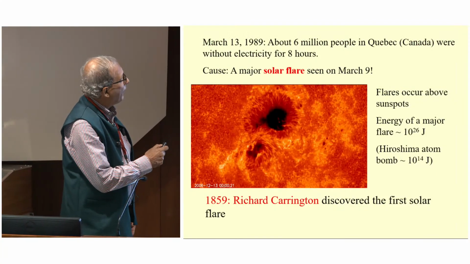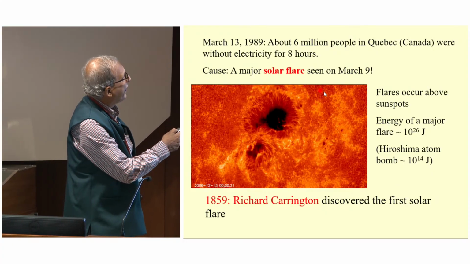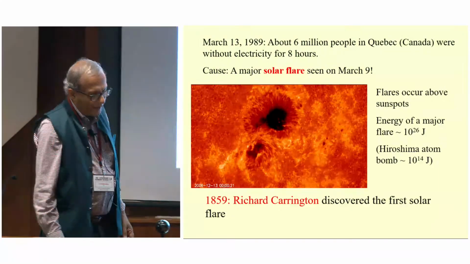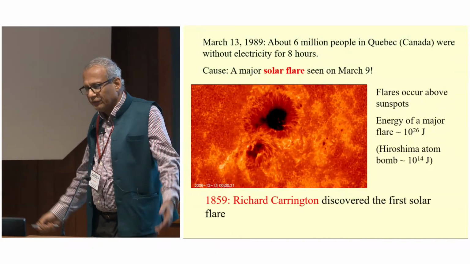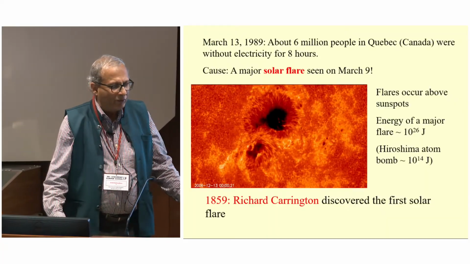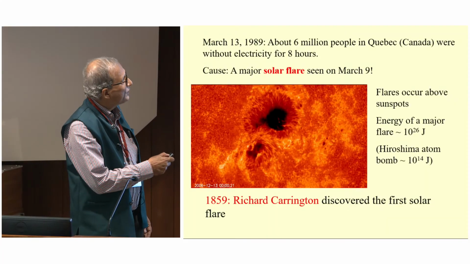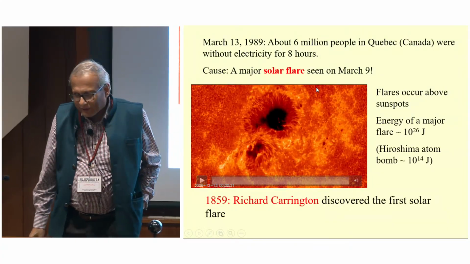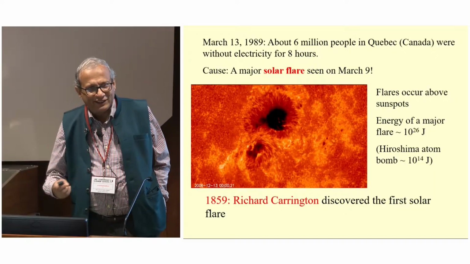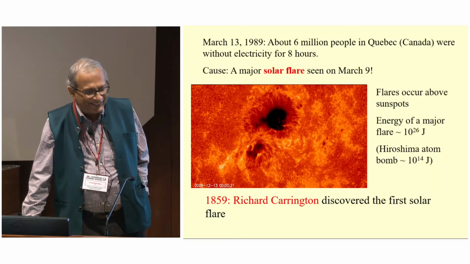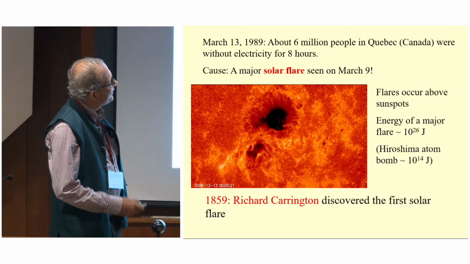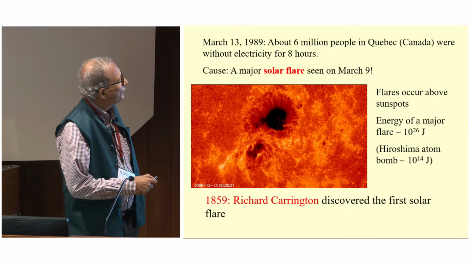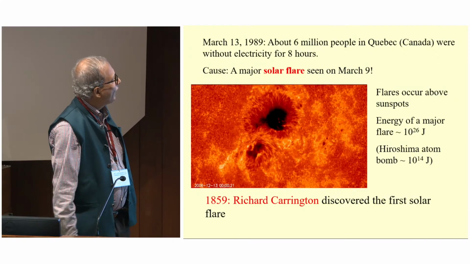On March 13, 1989, about 6 million people in Quebec in eastern Canada woke up in the morning and found that their homes were without electricity, which could be restored only after 8 hours. Now in Bangalore, if I wake up in the morning and find that there is no electricity, perhaps I would not be too surprised, but it was not usual for citizens of Canada to go without electricity for 8 hours. So what could have caused that?